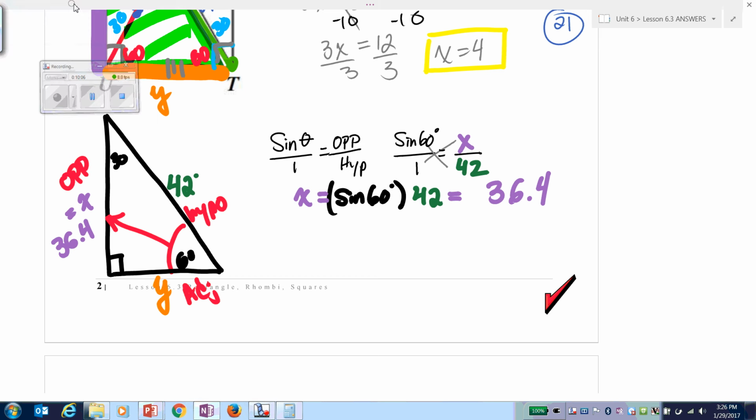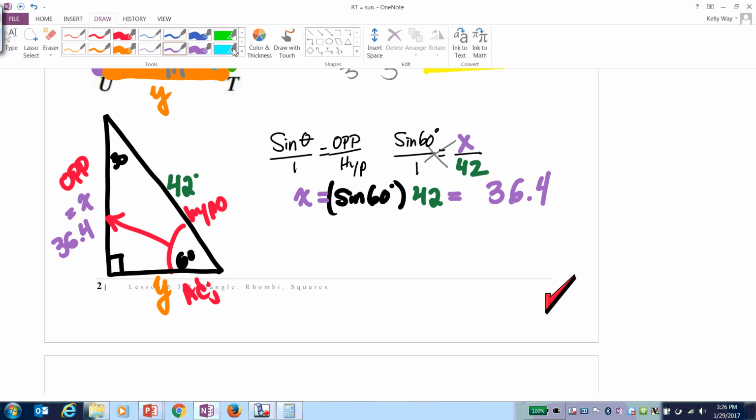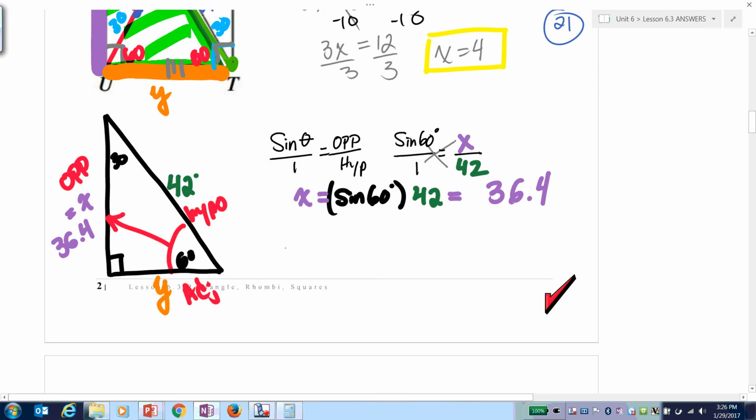Same process for y here. Since it's adjacent over hypo, it's going to be cosine. So cosine theta over 1 equals adjacent over hypo.